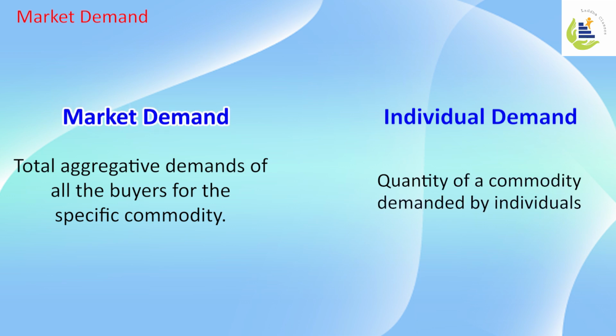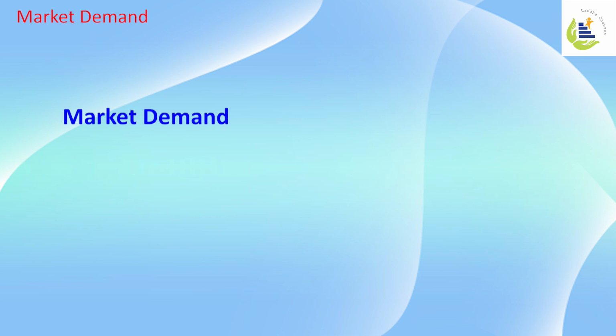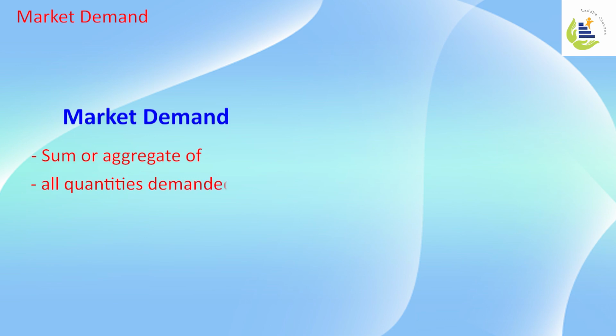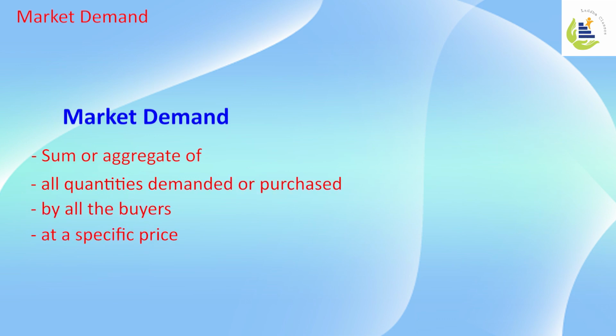Market demand is the total sum of the quantity of a commodity demanded by all the consumers. In technical terms, market demand is the sum or aggregate of all the quantities demanded or purchased by all the buyers at a specific price in a given time period.